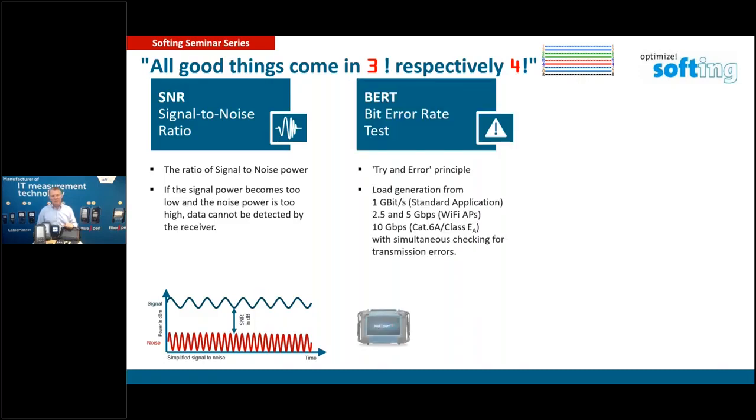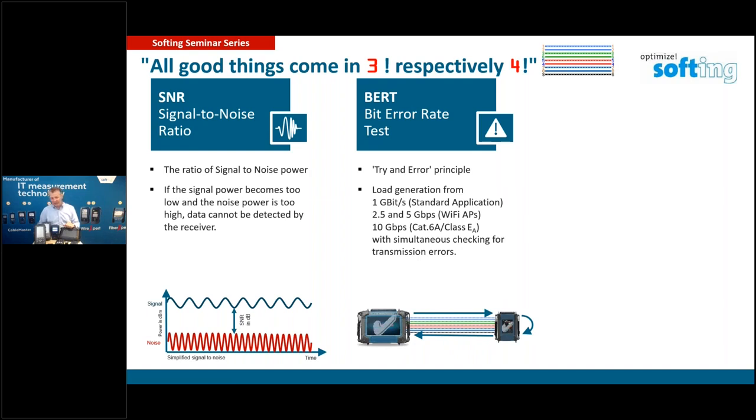of your cabling. The second test, which is done by the Net Expert XG, is it will test if we can transfer 1 gig, 2.5 and 5 gig. It's for Wi-Fi access points or applications, or if we can do a 10 gigabit transmission on the cable. That means it will send some data through the line, then it goes to the remote, and then it comes back to the local unit.